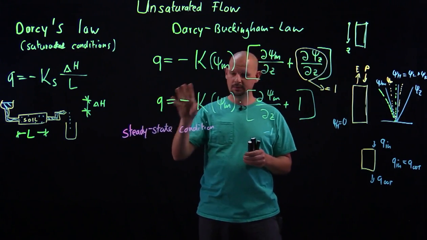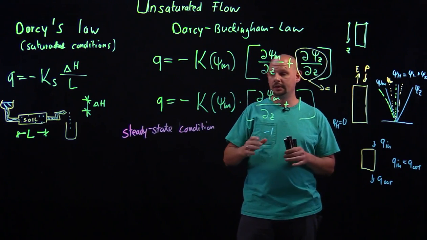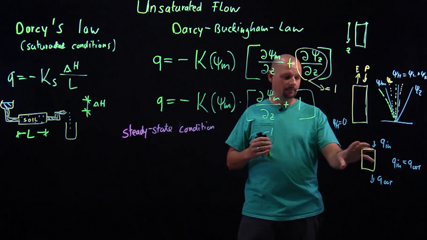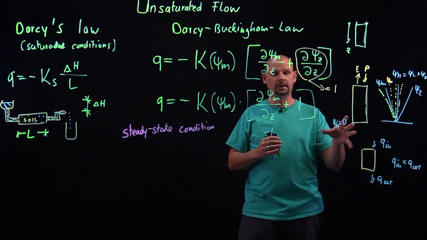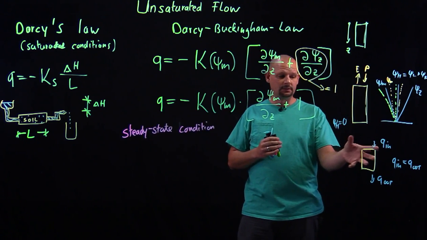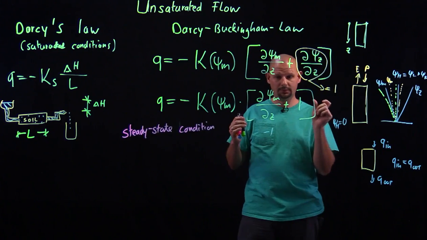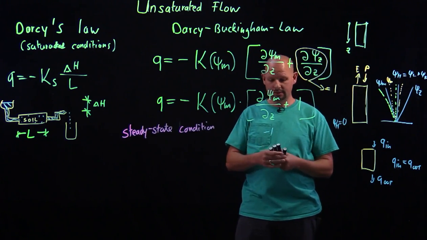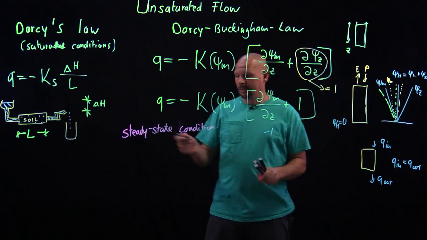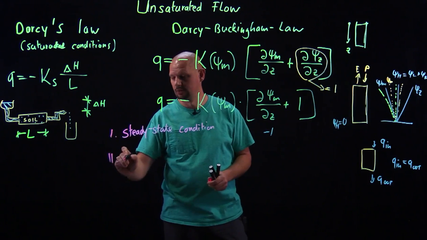Now it becomes a little bit more complicated if we have unsteady state conditions. So in a lab experiment, we can easily create a situation like this. But in a natural environment, that is very seldom and limited to maybe a short period of time and a really small space. So I'll make this 1, turn this to 2.